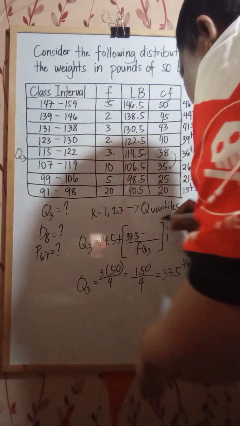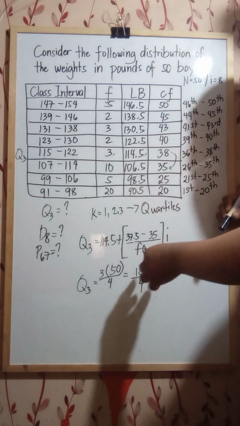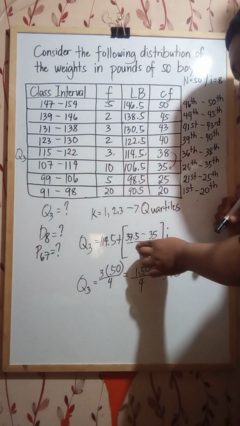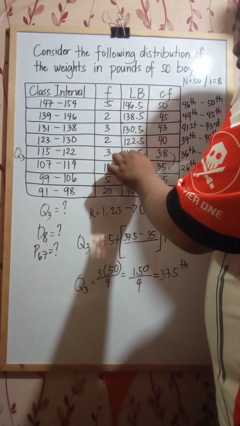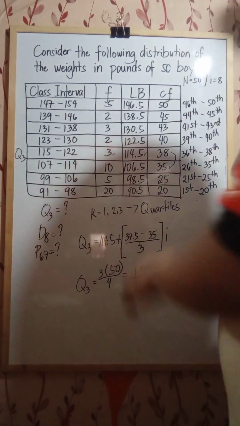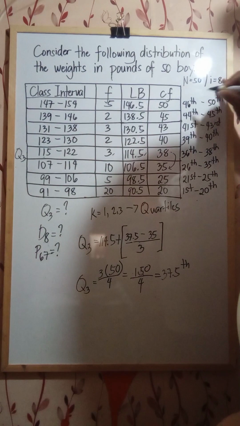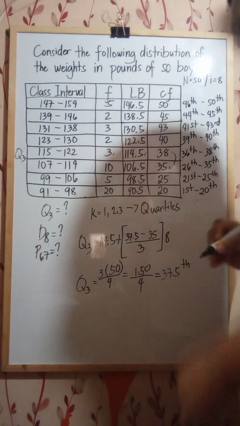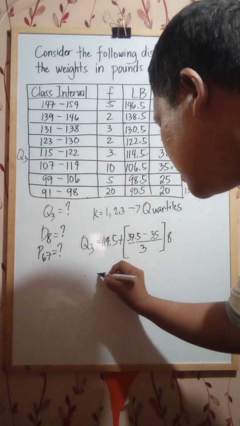So 37.5 minus 35, then all over the frequency of the Q sub 3, which is 3, then times I. The I is 8.